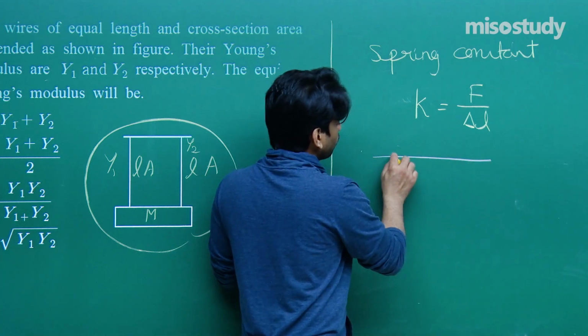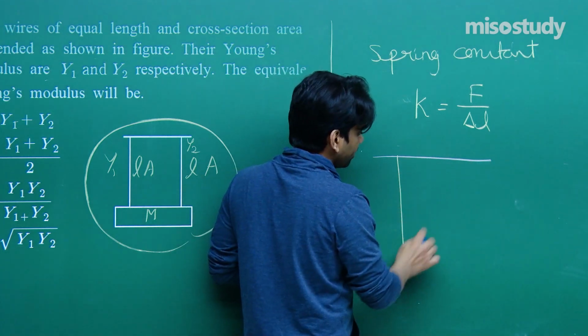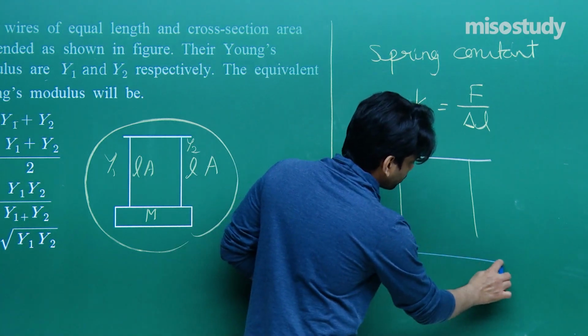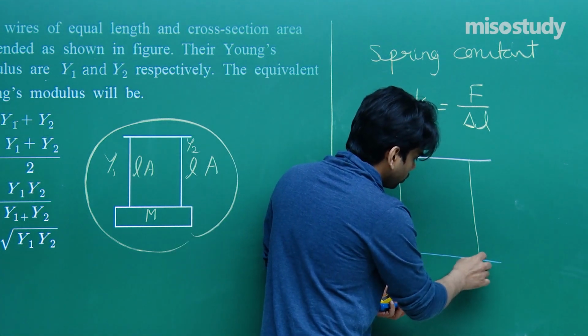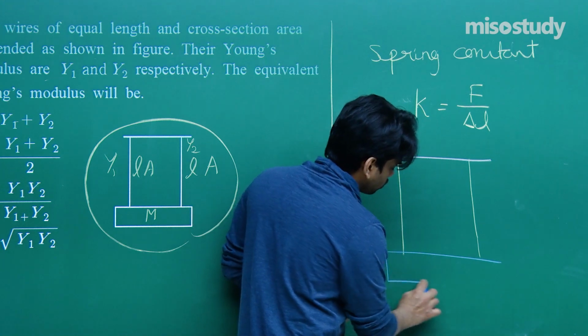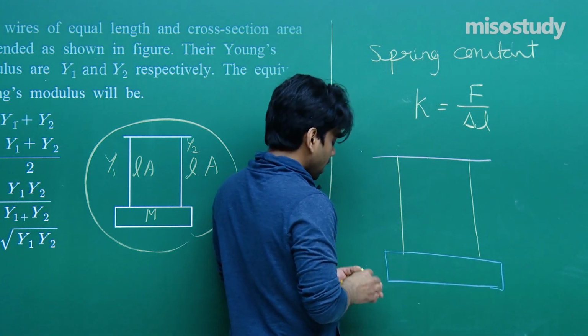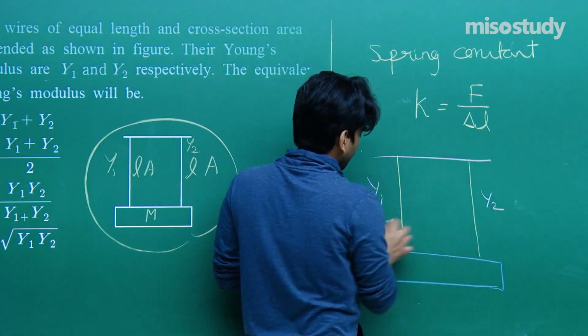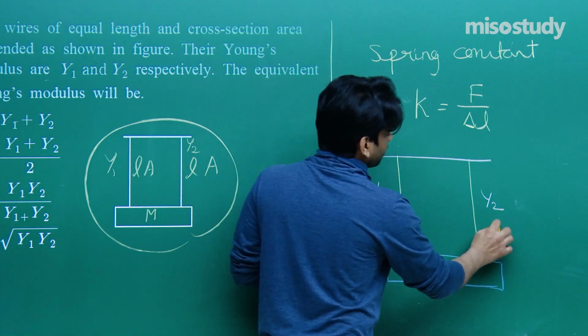This was the case provided. There were two wires hanging and we have a load here, which was hanging due to connection with both the wires. As per the given identification, we have y1 and y2. Length and area were same, L and A, L and A.